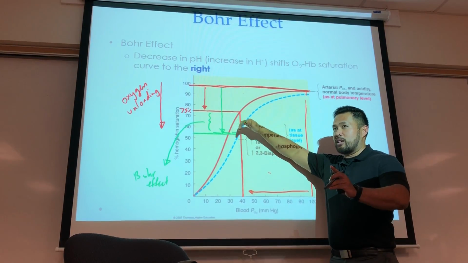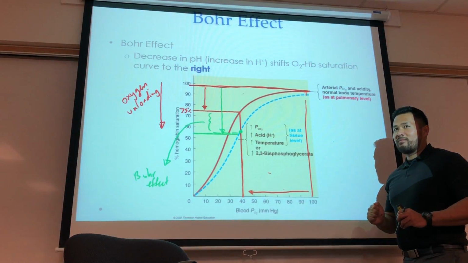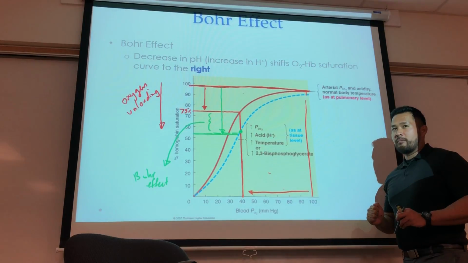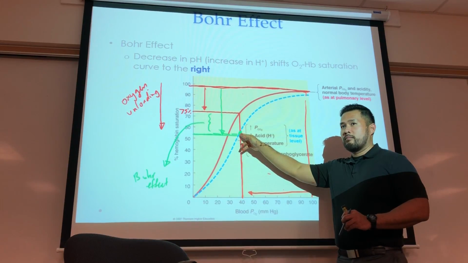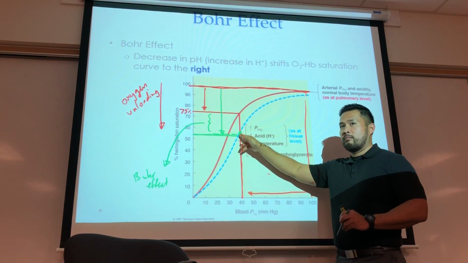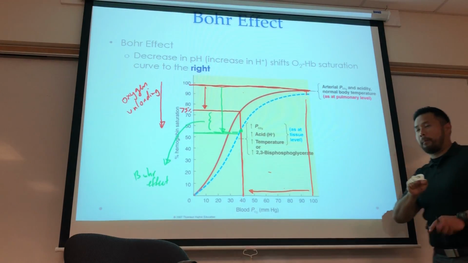Say your question one more time. So with a decrease in pH, and we're looking at a constant PO2 of 40, would the threshold be less when the oxygen delivers from hemoglobin? Let me rephrase what you're trying to say.